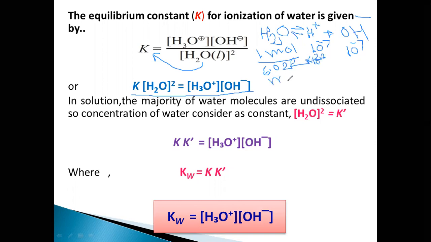So in 6.022 into 10 to the power 23 molecules, 10 to the power minus 7 H plus ion concentration is there, and 10 to the power minus 7 OH minus ion concentration is there. That means it is very, very negligible. So it is almost equal to nothing in 1 mole of water molecule.